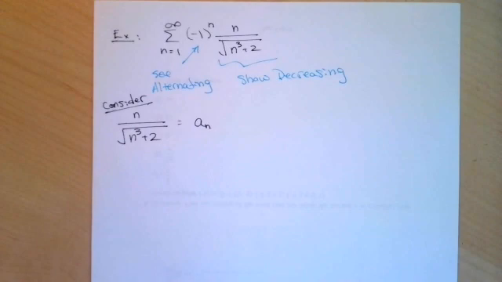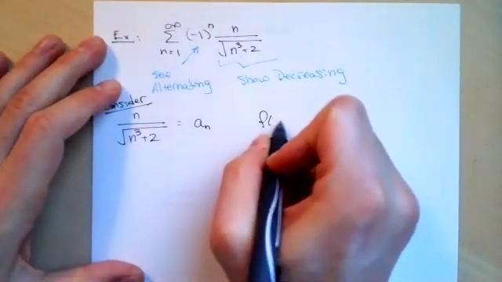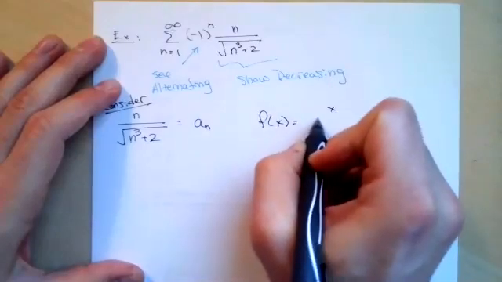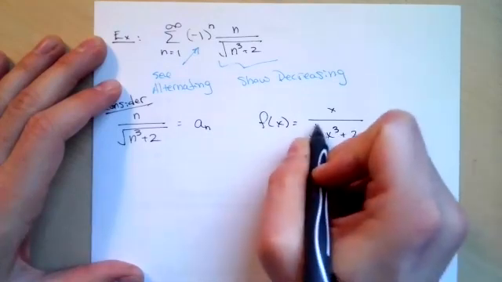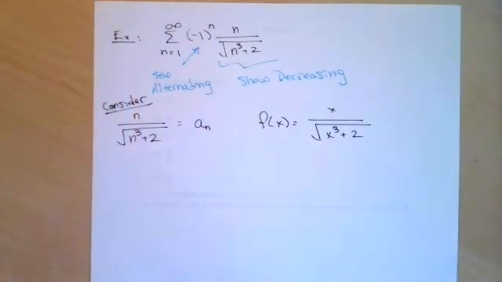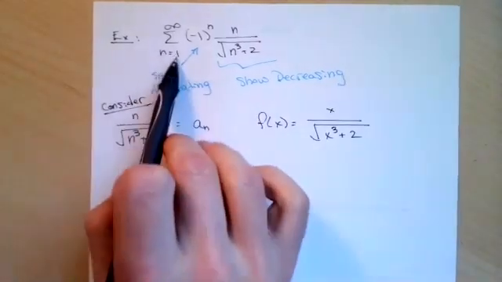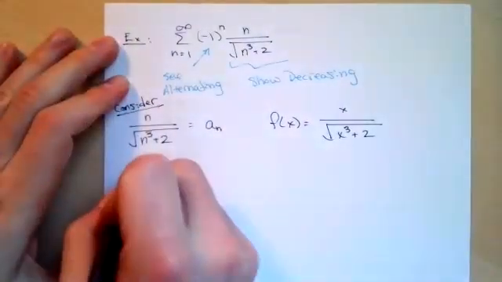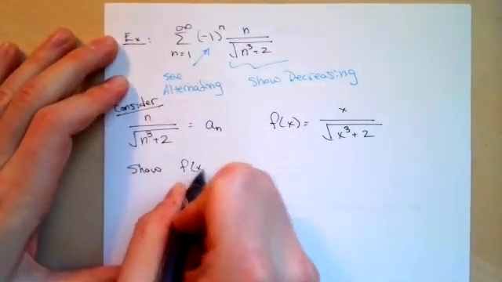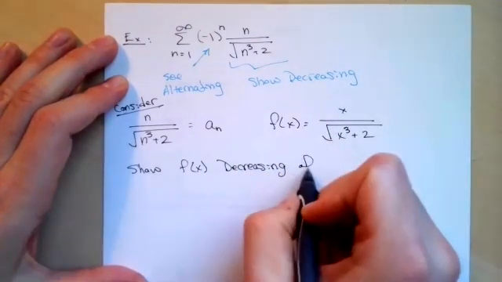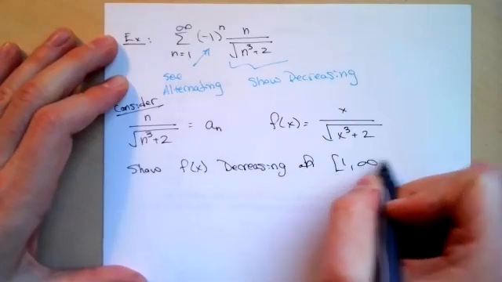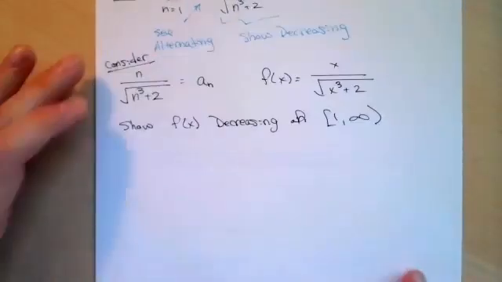We can either directly show that a sub n plus 1 is less than a sub n, which might be difficult, or we could model it with a function and show that the function is strictly decreasing on the domain of our series. So we can show f of x is decreasing on 1 to infinity.